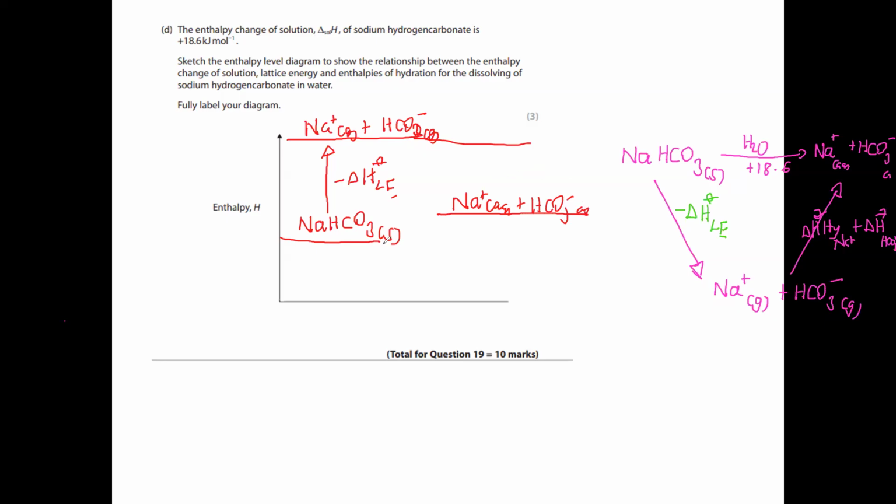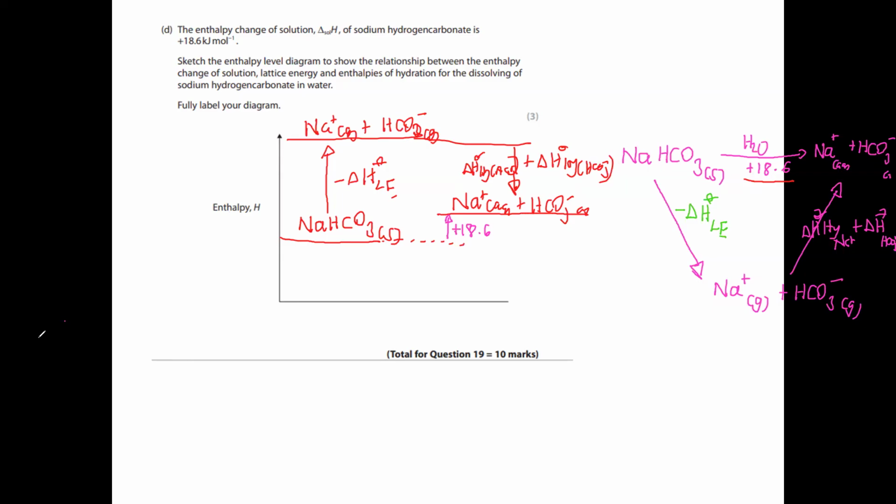Why should they stay above the sodium hydrogen carbonate? Because the enthalpy of solution of this one is plus 18.6. That means this value should be plus 18.6. Hydration of these gaseous ions comes downward, so here we have the standard hydration enthalpy of sodium plus ion plus the standard hydration enthalpy of HCO3 minus ion.